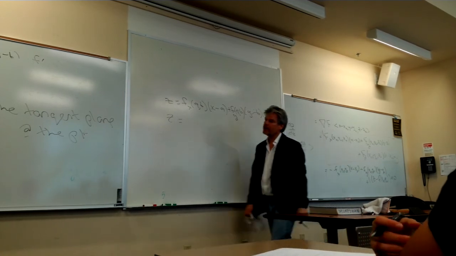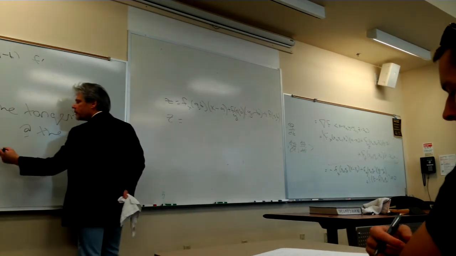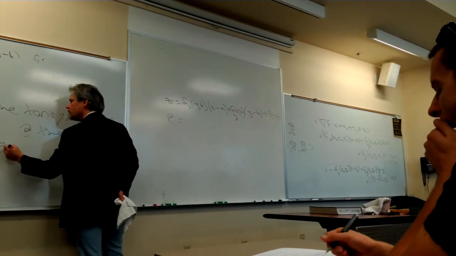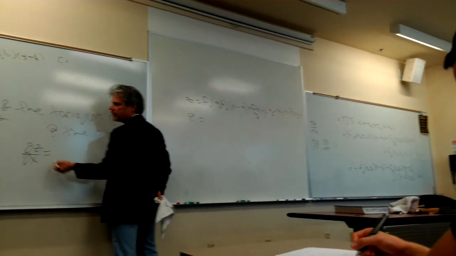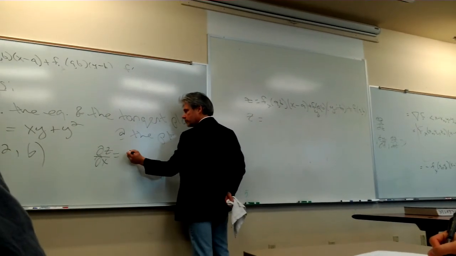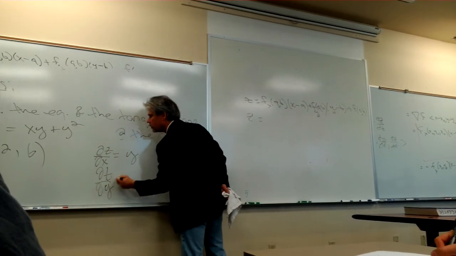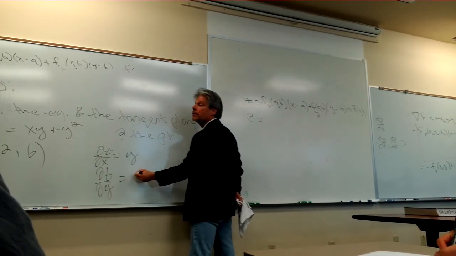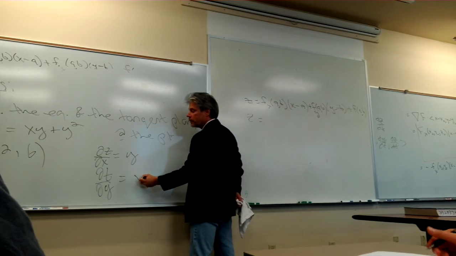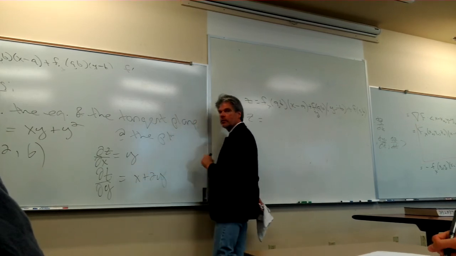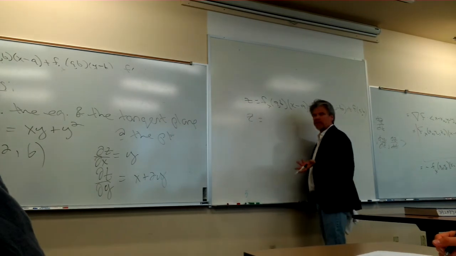Oh, by the way, I didn't compute the partials, did I? So I think the partial of z with respect to x is... But the partial of z with respect to y is x plus 2y. I agree. Let's compute. It's just easy.